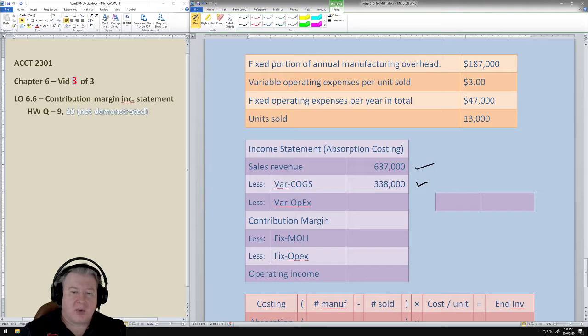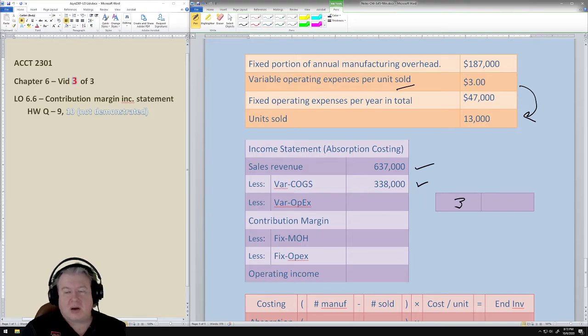So the variable operating expense, well, we had done that previously, but rather than scrolling back out, I'm just going to show you that you're given the numbers pretty clearly. So here, the variable per unit sold, and focus on this, it says per unit sold.